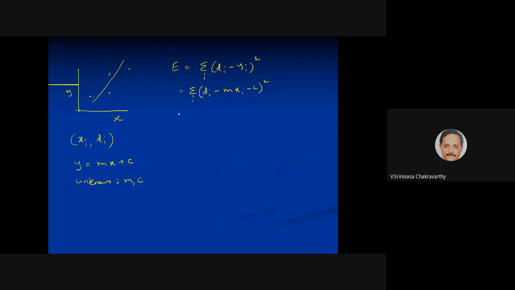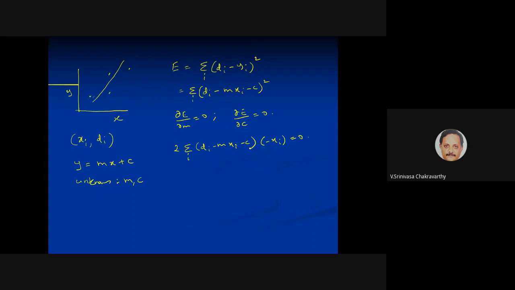Therefore, dou E by dou m is equal to 0, and dou E by dou c is equal to 0. If you take the first equation, you get 2 times sigma over i of (di minus m xi minus c) times minus xi is equal to 0.